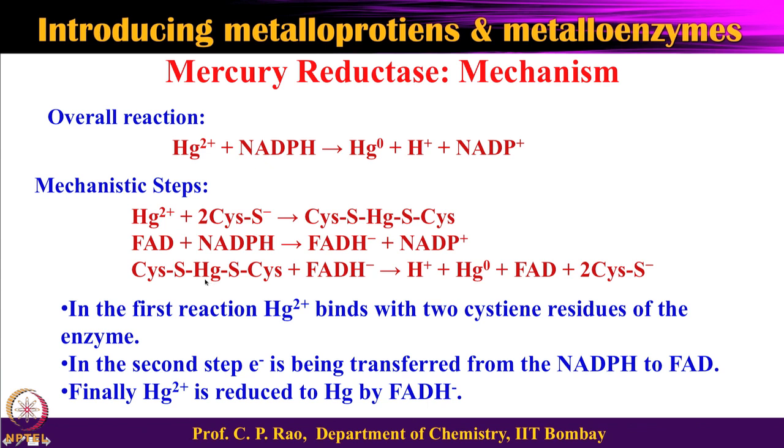So, there are 3 stages: binding, then the reducing factor activation, and the third part is the actual reducing of the mercury to mercury 0.